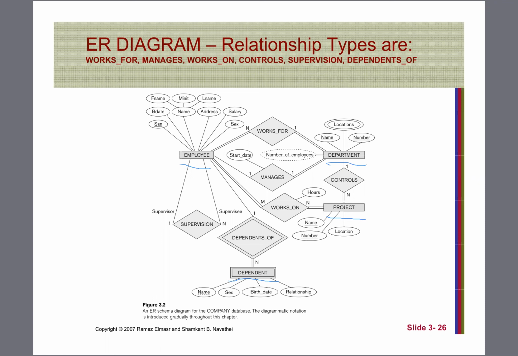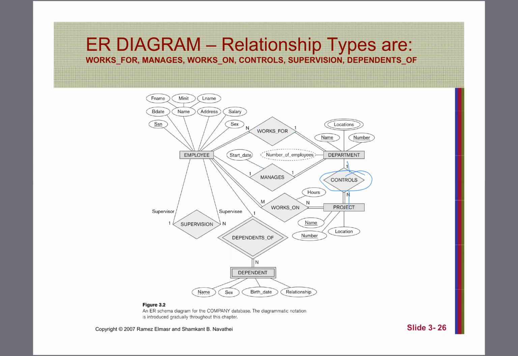For that matter, works for is a relationship: employee works for the department. Then we had employee manages the department, so we have the connectivity between them. And then we had the department controls the project, so you have the control relationship and the project.